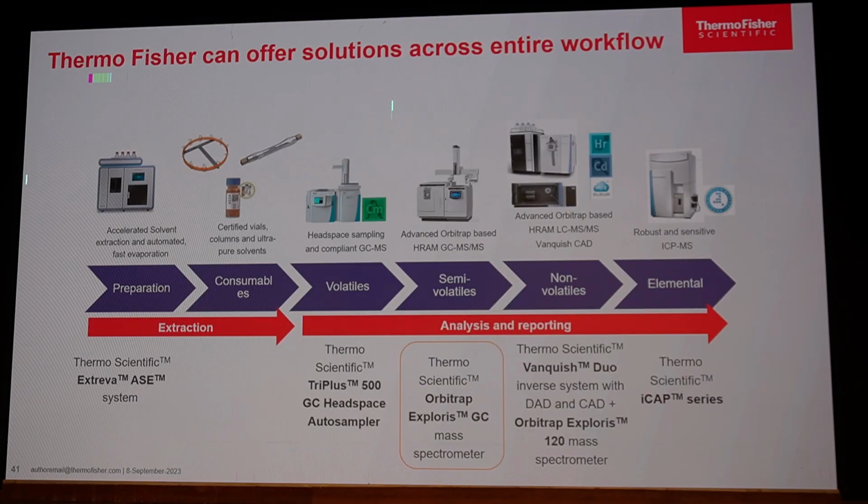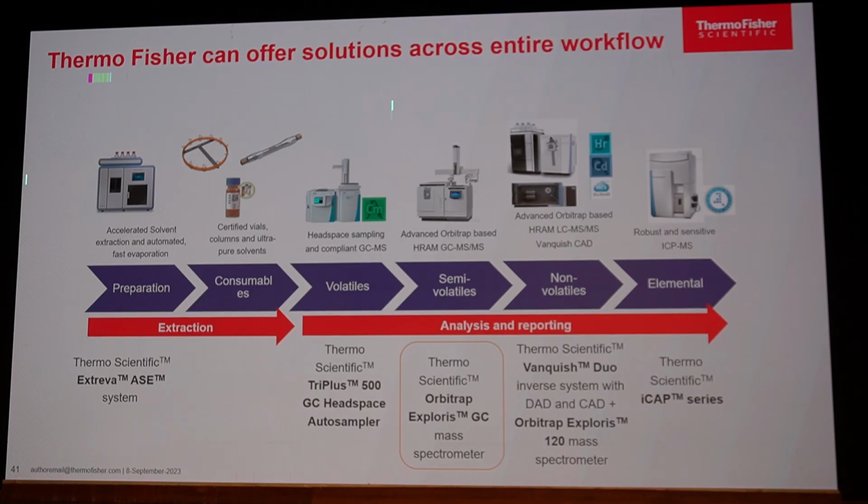So in the extractable leachable workflow, everything is available to do the extractable leachable studies. Right from sample preparation, like extraction and evaporation in the same phase, you can get your sample collected directly in your sample vials. Then we have different certified vials, columns, solvents available.